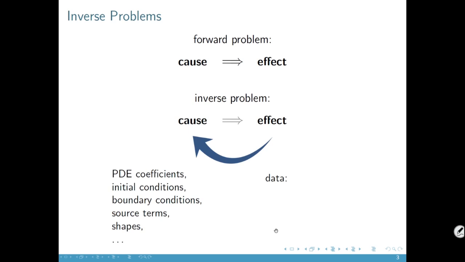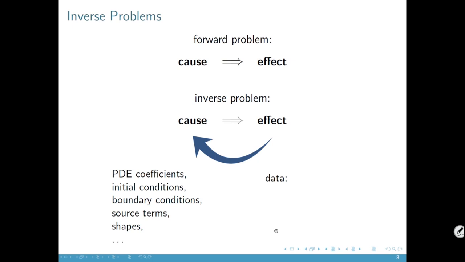Well, and the inverse problem aims at inverting, as the name tells, instead of looking at the map from cause to effect, to look backwards on the mapping or on methods to reconstruct the cause from the effect. So what could be a cause, in quotation marks, what could be a quantity of interest that we want to recover?